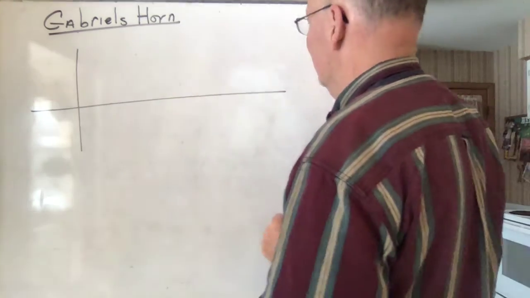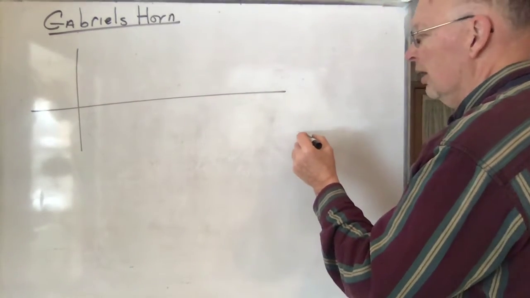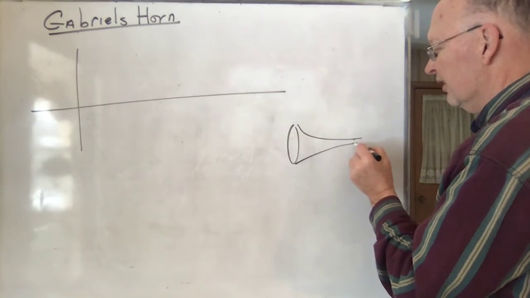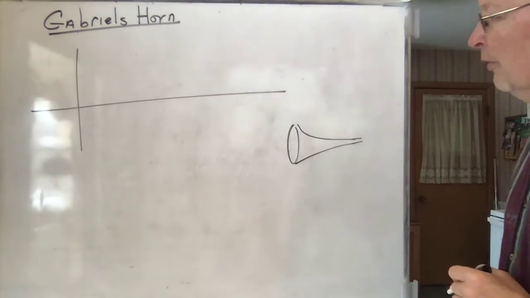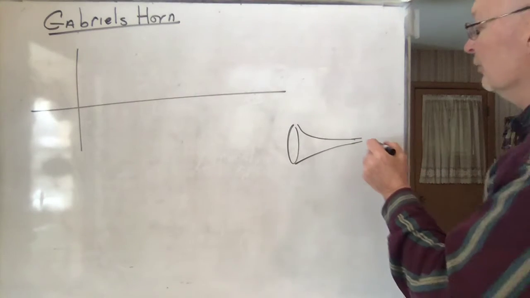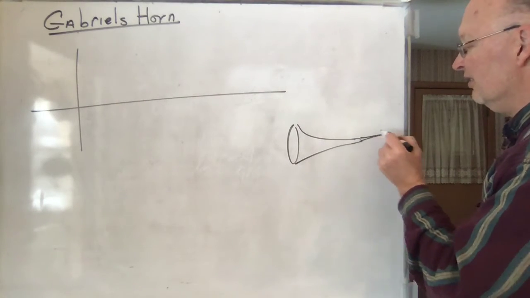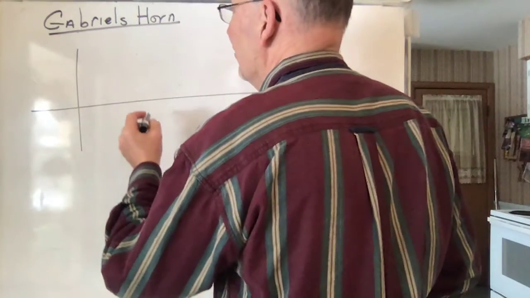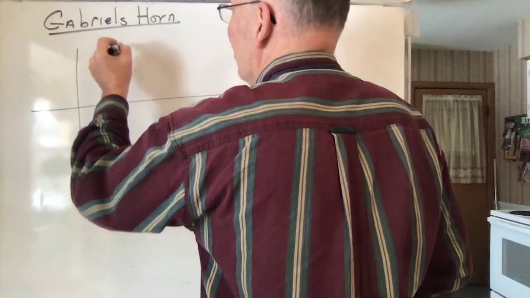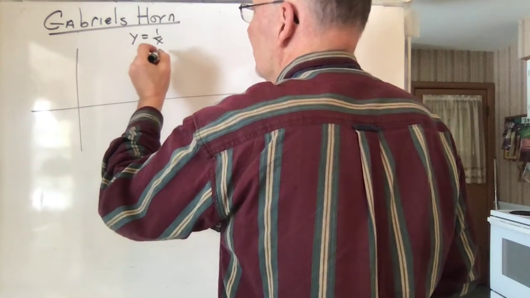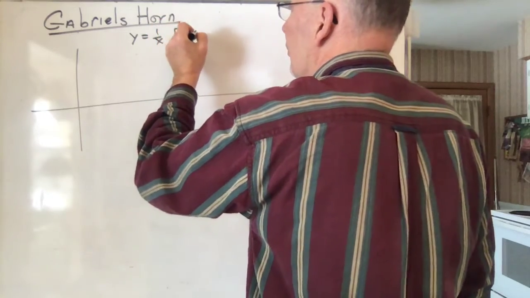Anyway, if you know what a bugle or a horn is, it's something that kind of looks like this. If you've ever seen a movie of Rome or Caesars and things like that, you got these really long horns that look like this. Well, Gabriel's horn is one that never stops, okay? And so here's how you get it. You start with a function y equals 1 over x, and you start it on the interval from 1 to infinity.